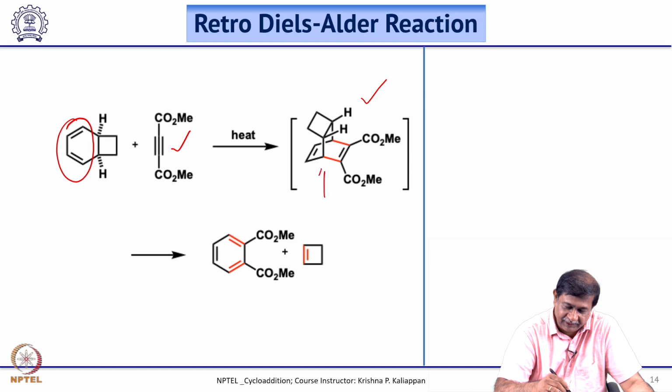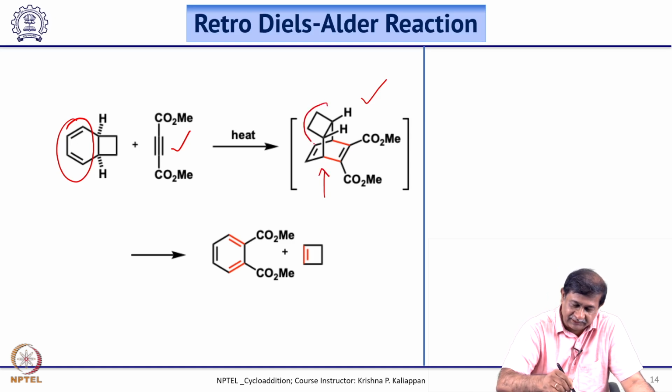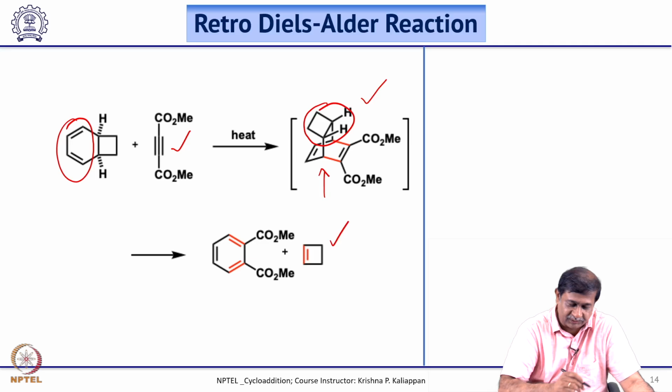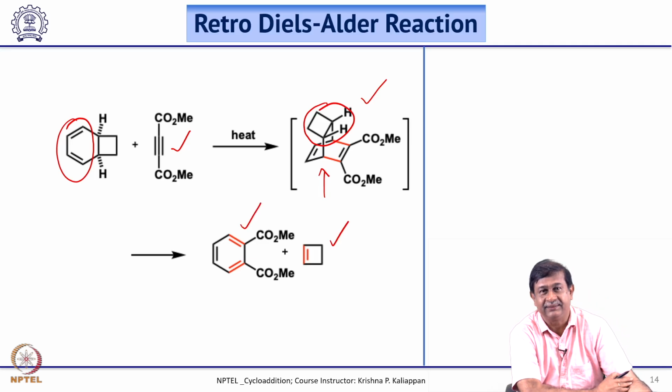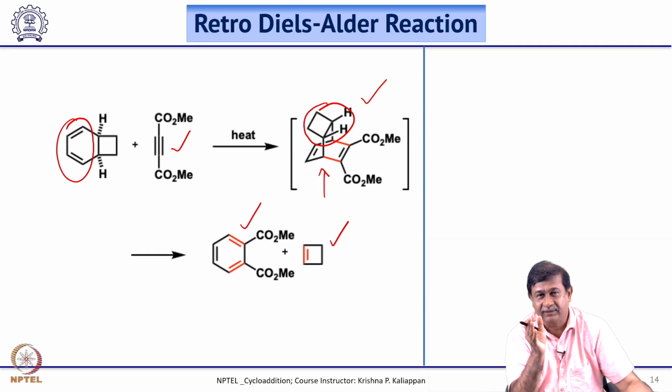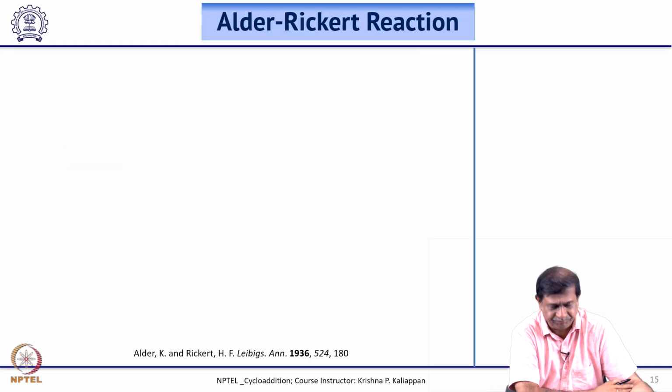If you need an aromatic ring from here, the retro Diels-Alder reaction should take place in such a way that the other molecule which goes out is the cyclobutene. So, the cyclobutene and the aromatic compound, that is dimethyl phthalate, is formed as the product coming out of the sequential 4+2 followed by retro Diels-Alder reaction.